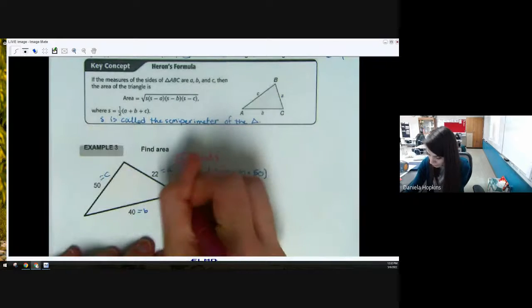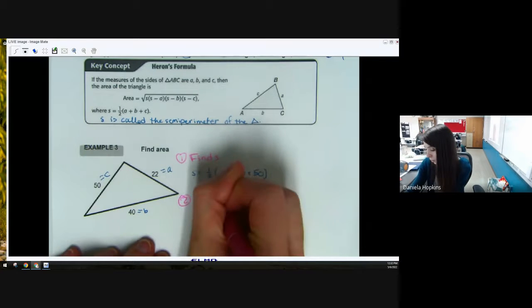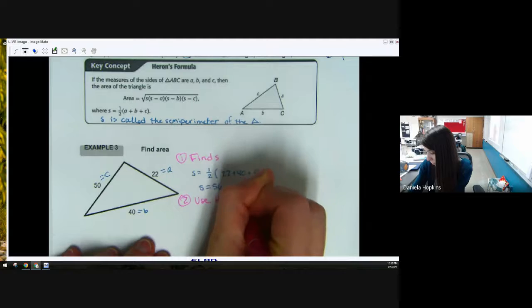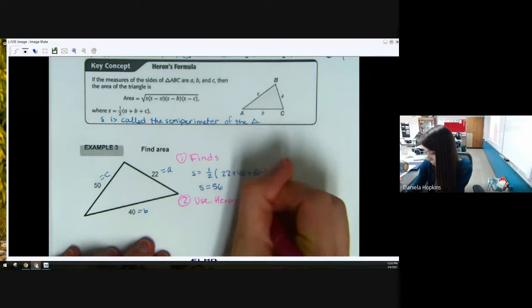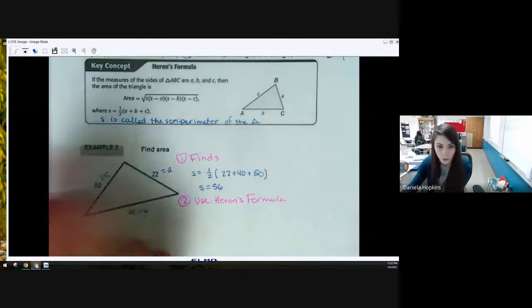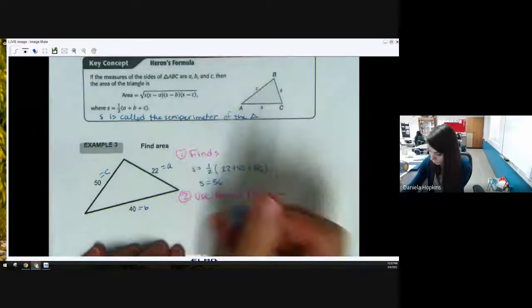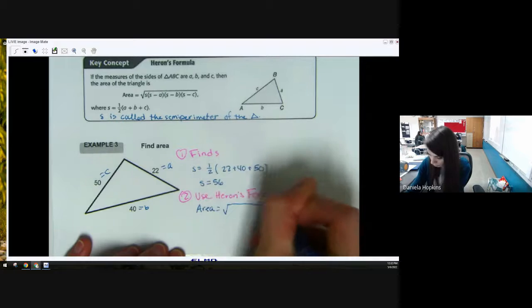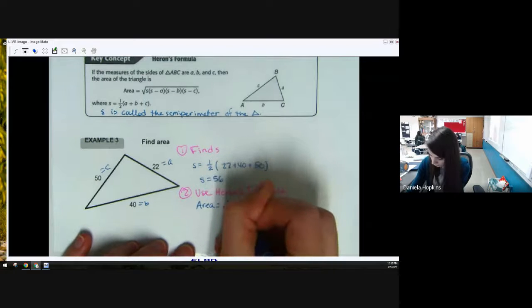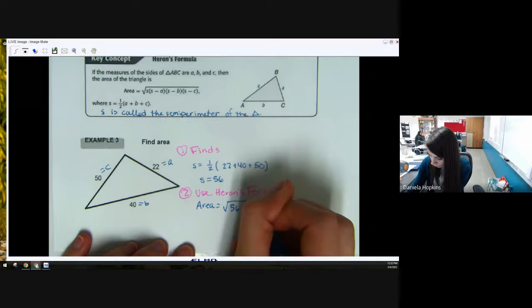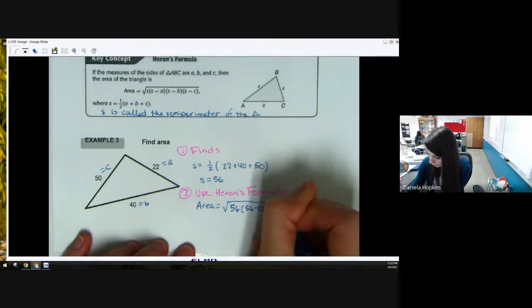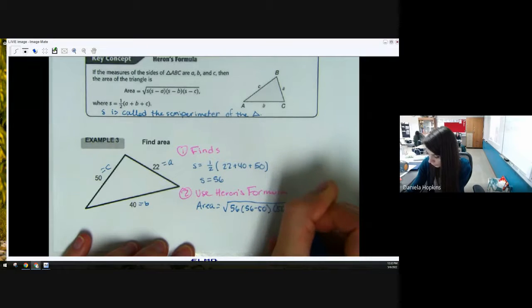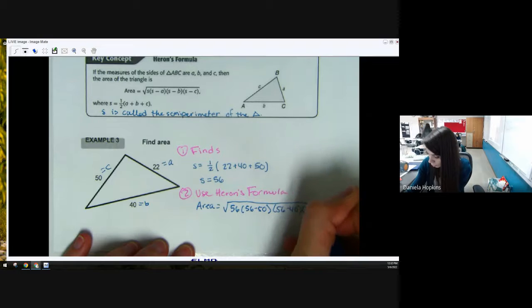Then your second step is just to use Heron's formula to find area. So you end up with area equal to the square root of 56 times 56 minus 50 times 56 minus 40 times 56 minus 22.